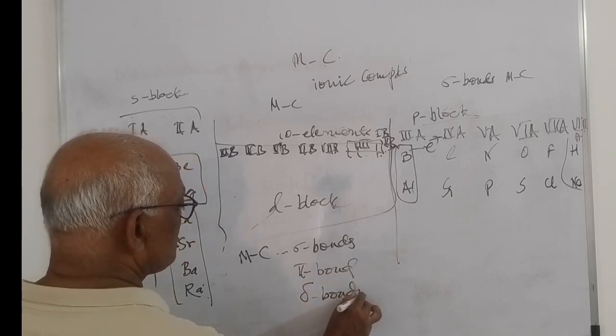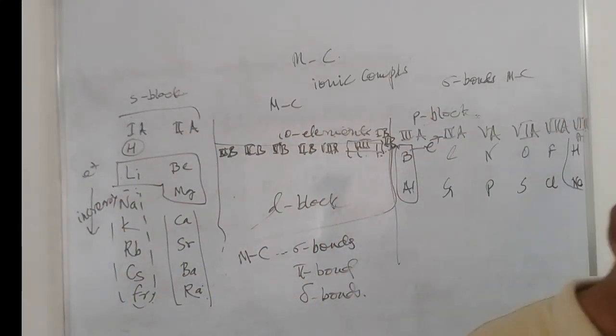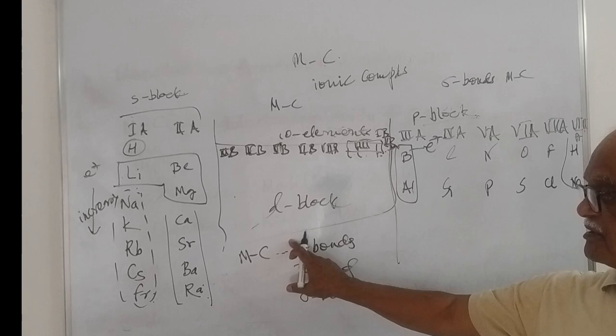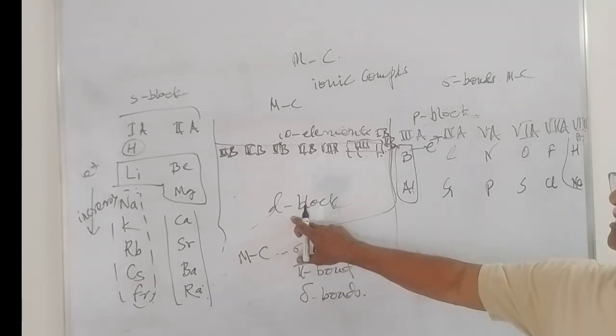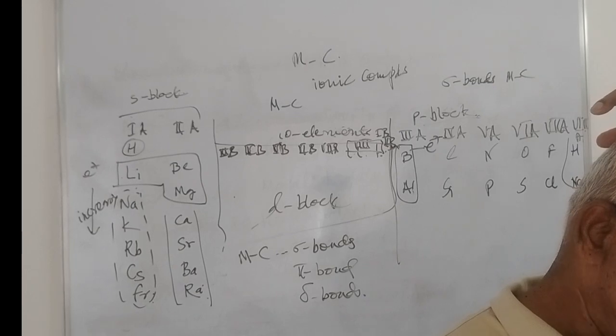So these types of bonds are possible when the metal is from the D block. So complexes will have these 3 types of bonding when the metal is a D transition element.